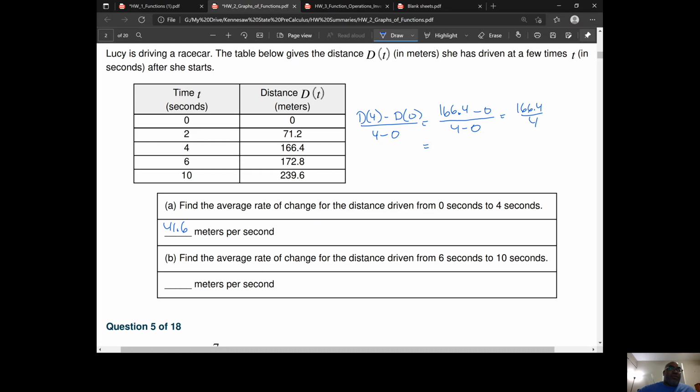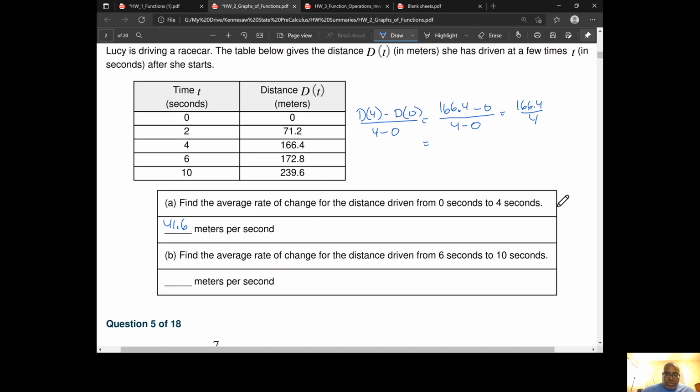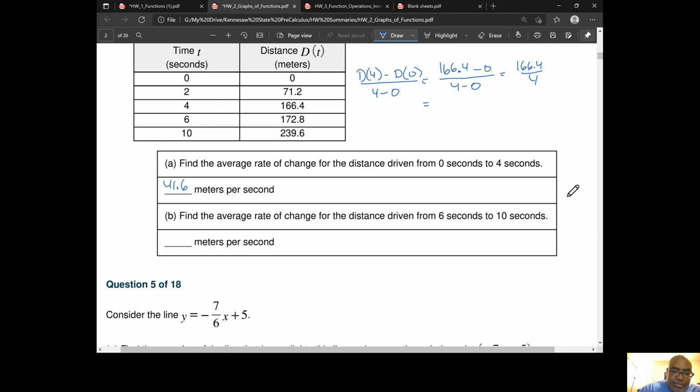What's not so fun is we have to do it again, only from 6 to 10. Same formula. d of 10 minus d of 6 over 10 minus 6. So 239.6 minus 172.8 over 4.